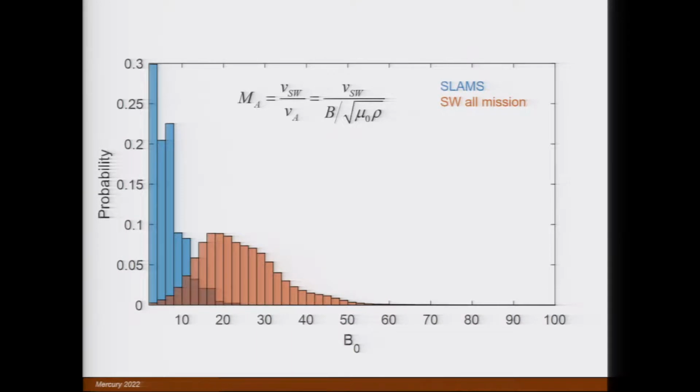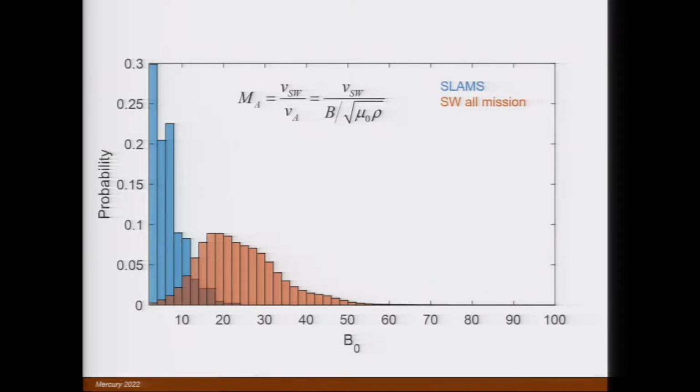Now, this I think is the most important slide. This I think is the explanation why we see them so rarely at Mercury compared to Earth. In order to get this nonlinear evolution, we should have a pretty strong shock, meaning there should be a pretty high Mach number.